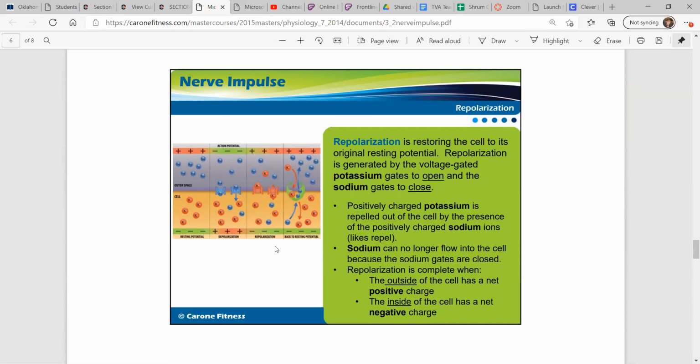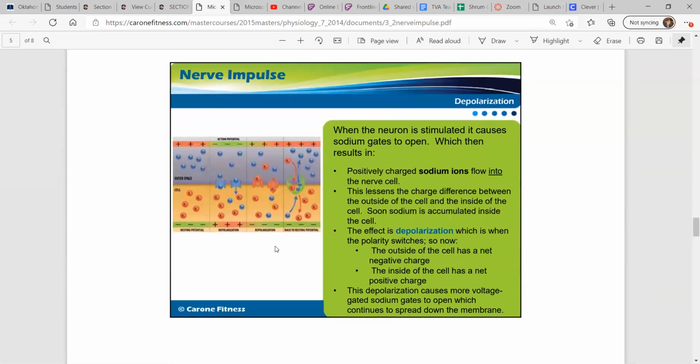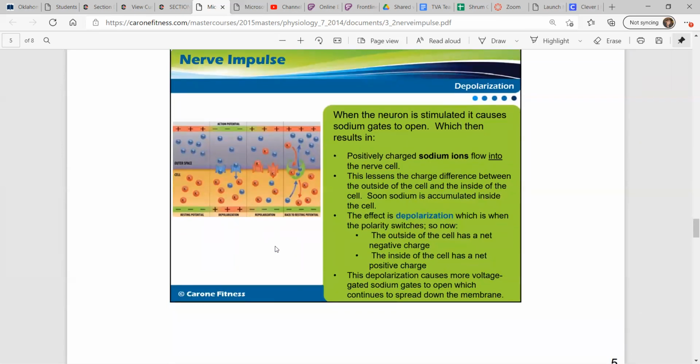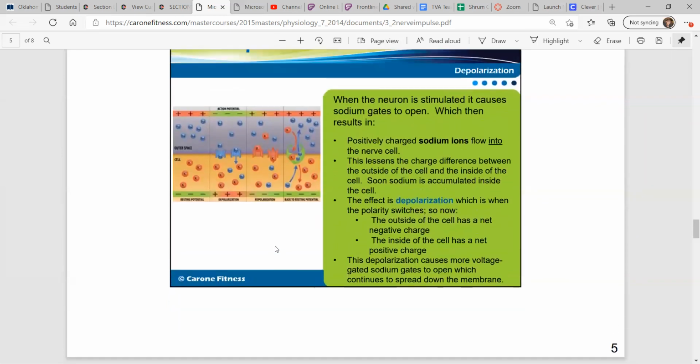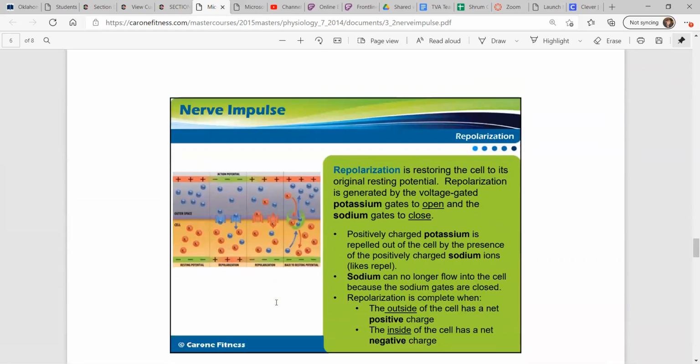So we have a resting potential, something happens, a neuron gets stimulated, it's depolarized by sodium ions entering the neuron, and then repolarization is getting back to normal.